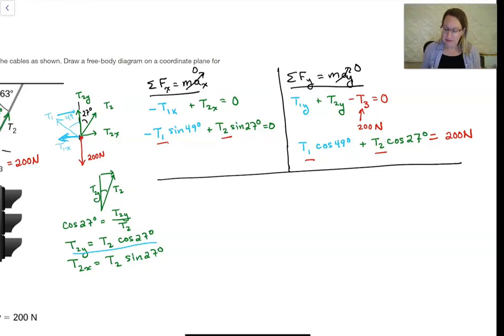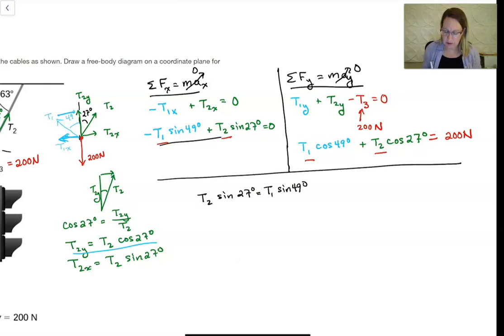So if we set this up, we can solve, for example, for T1 in terms of T2 and then substitute that back in. If I take this equation, I can take T1 to the other side, or I can say T2 sine of 27 degrees is equal to T1 sine of 49 degrees.